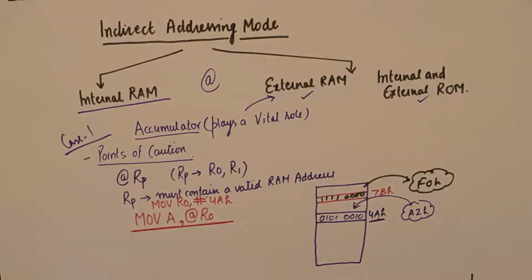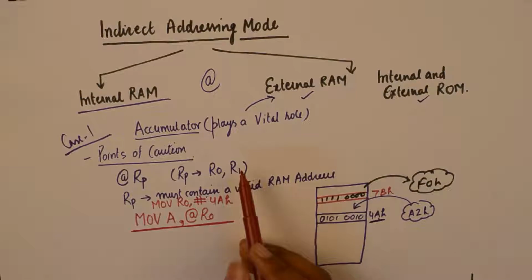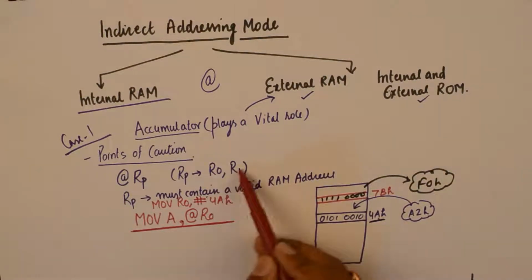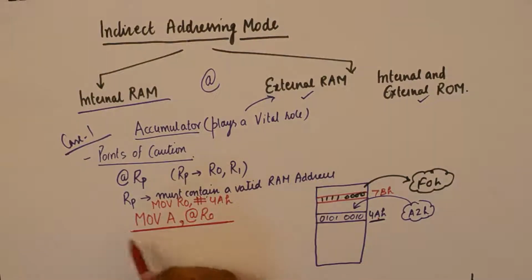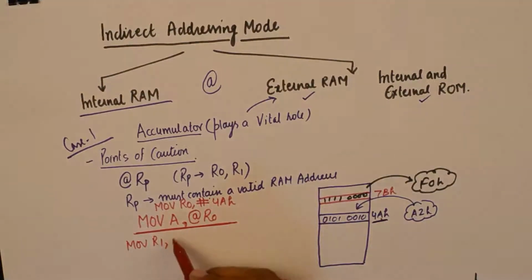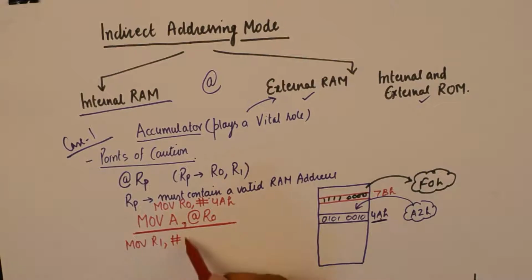Now if I want to move the contents of 7B register into A indirectly, I have an option. I can put this address into any of these registers. So what I'll do is I'll move this address into R1, which is not being used.